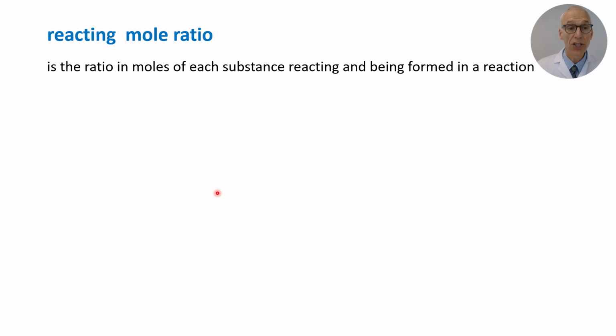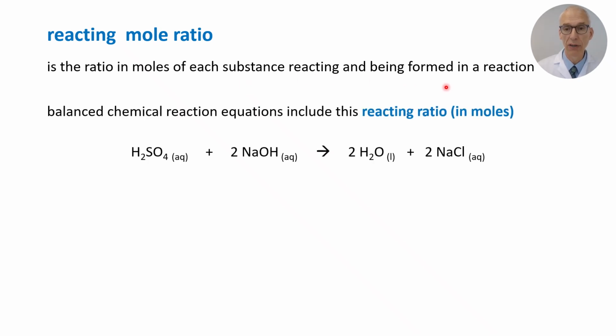So the first key idea is that of reacting mole ratio, which is the ratio of moles of each substance reacting and being formed in a chemical reaction. So in a balanced equation, we include this reacting ratio in moles.